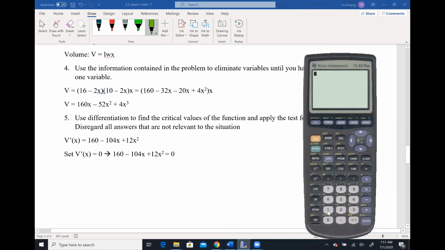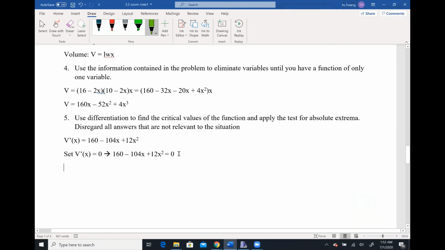And then I say 160 divided by 12. Enter. No, it doesn't work. Say divide by 4, I think it's better. 104 divided by 4, and then you have 26. Okay, that works. So now I'm going to divide by 4 for both sides.